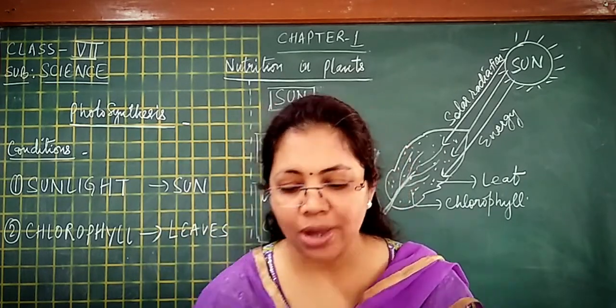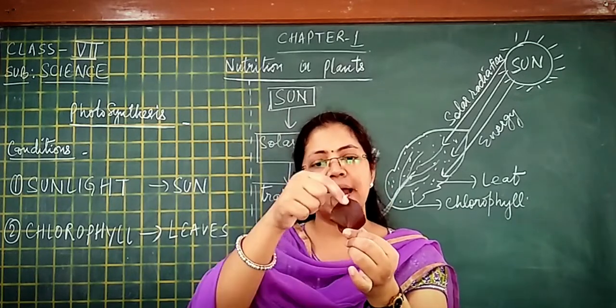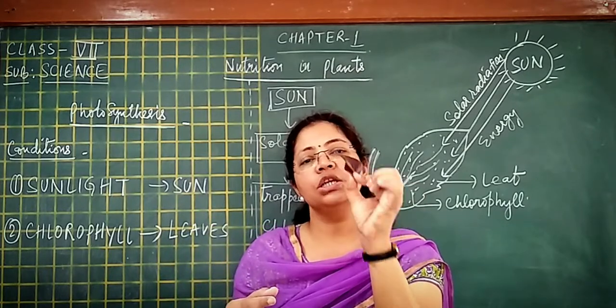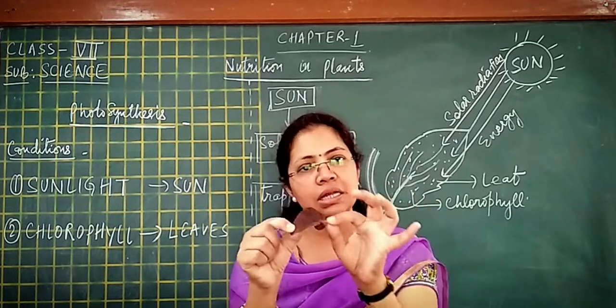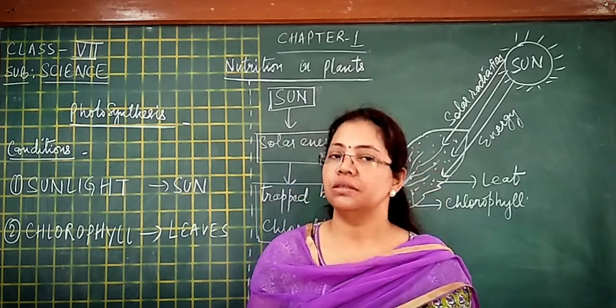So this small leaf contains a large quantity of a brown color pigment, and that brown color pigment is masking the smaller quantity of chlorophyll. Although the chlorophyll is not visible as green color, it helps the plants to perform photosynthesis.